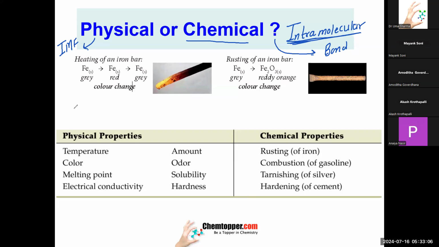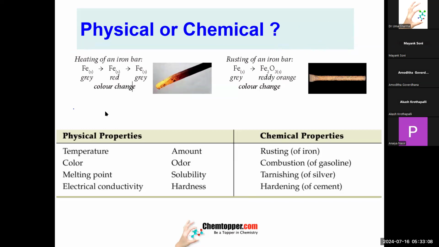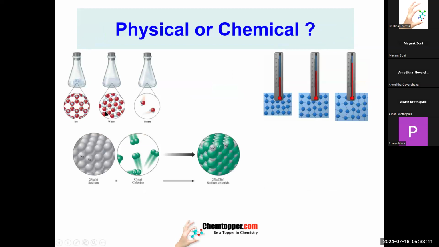Okay, now there is a quiz based on it. Please try to do that quiz. So what do you think? These are physical changes, all of them? This is heating. So heating is a physical change. Is this a physical change or chemical change? This one?